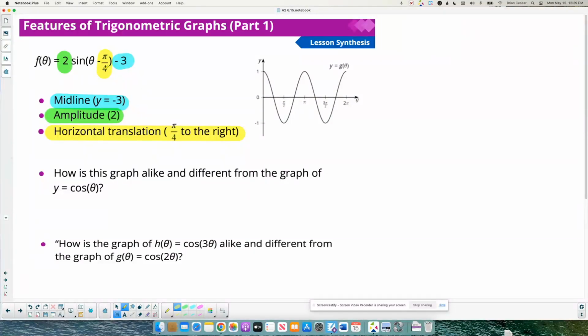So how is this graph alike and different from the graph y equals cosine theta? Well, obviously the amplitude is 1 on cosine theta versus 2 on the function above, f of theta. Midline is y equals 0.